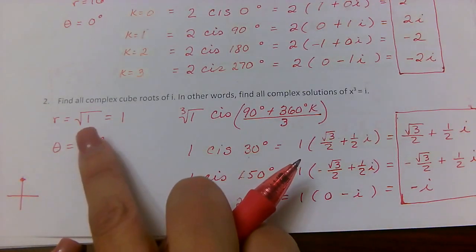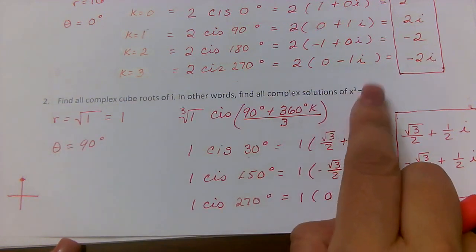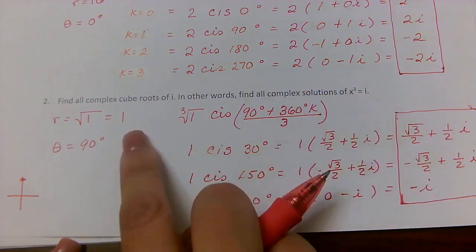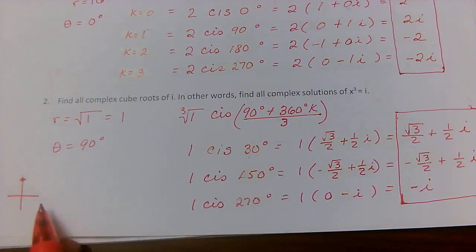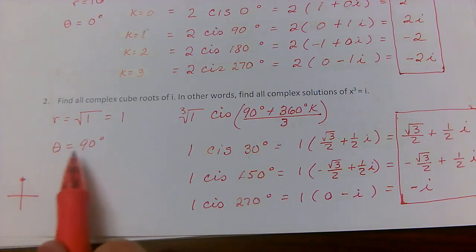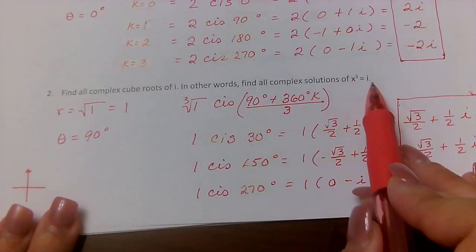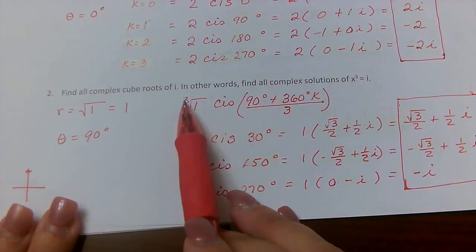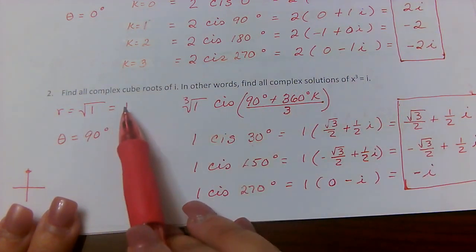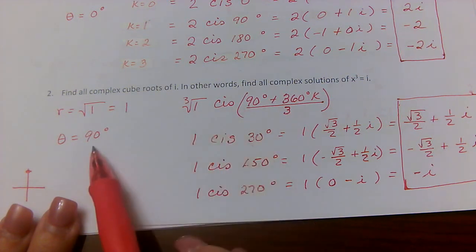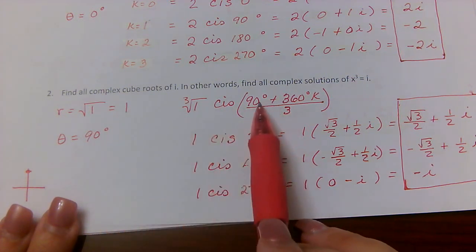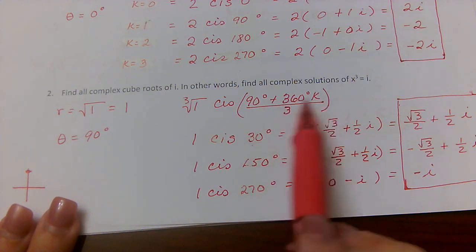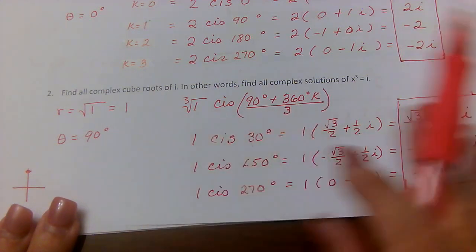So I can say r is equal to whatever the coefficient we have here is, which is 1. And theta, notice where the point is, it's at 90 degrees. And then n is going to be equal to 3. So now we can plug in our formula. The cube root of r, which is 1, cis, theta, 90 degrees, plus 360k divided by n, which is 3.